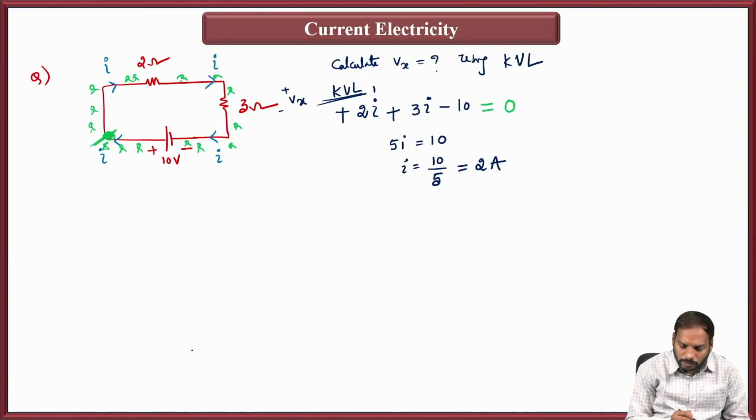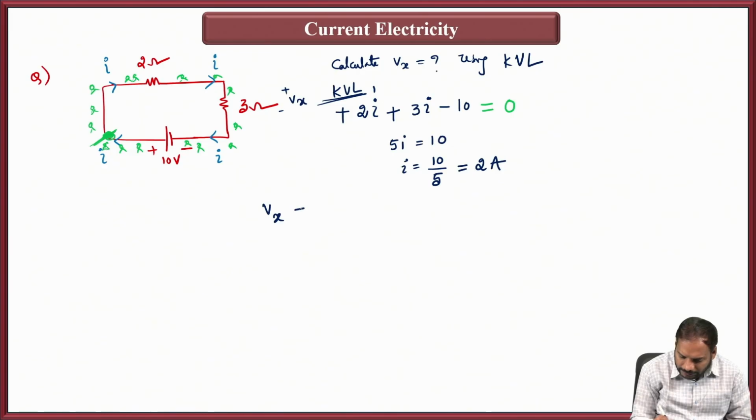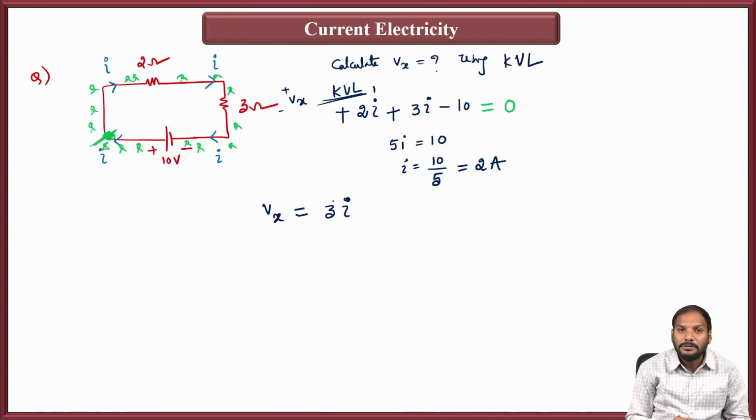Okay, now to calculate the value of Vx, it is very simple. Vx is exactly equal to, okay, current is touching the positive terminal of Vx, so no issues. This is resistance into the current. This is a very important observation. This can be 3i or minus 3i. You should have clarity.